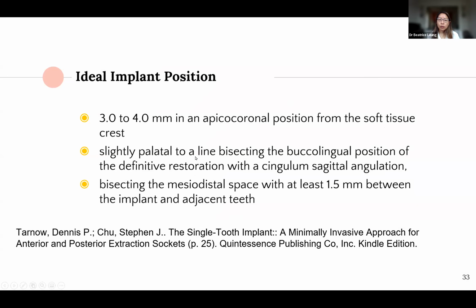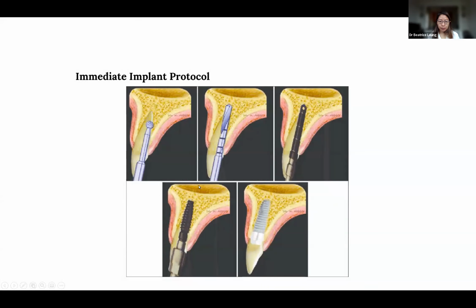It should be slightly palatal to the line bisecting the buccal lingual position of the definitive restoration with a single sagittal angulation. And it should be bisecting the mesial distal space with at least 1.5 millimeter between the implant and adjacent teeth. So basically, to me, it's the same thing, but it helps for you to read it in a different language. So it may help you to visualize where the ideal implant placement should be.